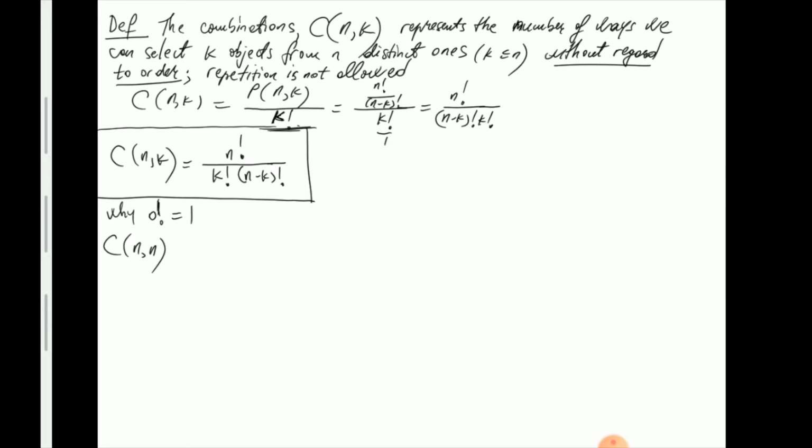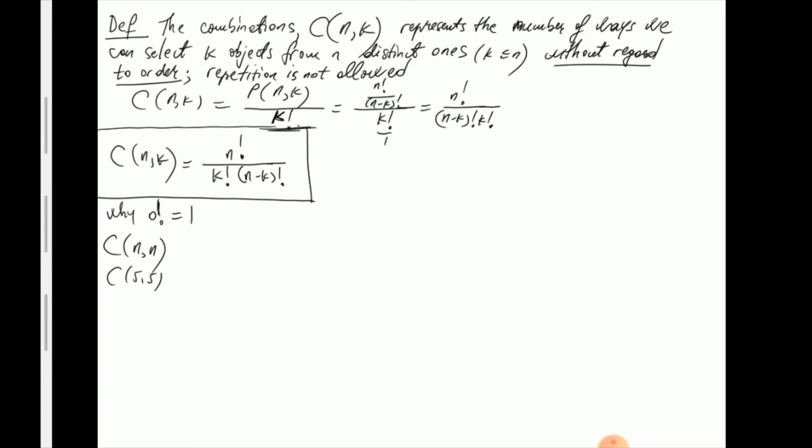If you have to choose n objects out of n available ones, and the ordering doesn't matter, in how many ways can you do that? Once again, if I have 5 objects, let's say I ask for combination 5 comma 5, I want to choose 5 objects out of 5 available. Ordering doesn't matter. How many ways can you do that? So pause for a moment.